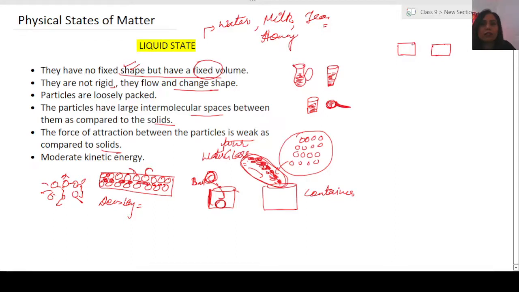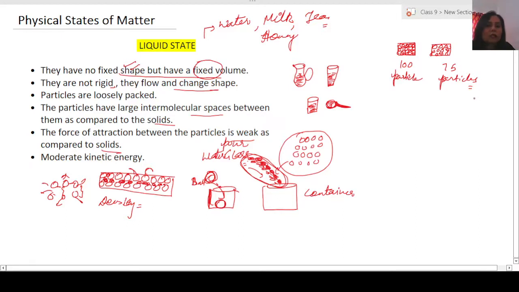Now if in one cube the particles are tightly packed and in the same volume you are having 100 particles, and in the other there are 75 particles packed, the cubes are of the same length, breadth and height, so they have the same volume, but in one 100 particles are packed, and in the other you are able to keep only 75 particles.